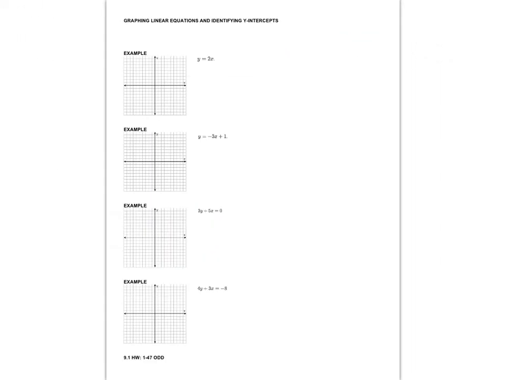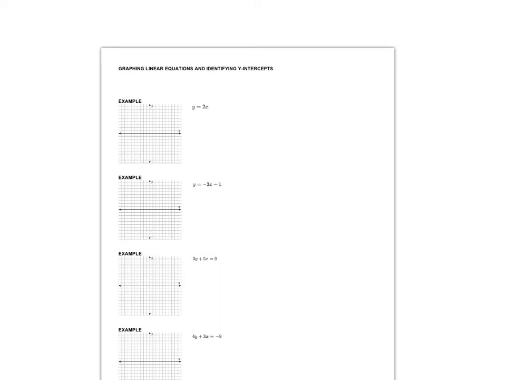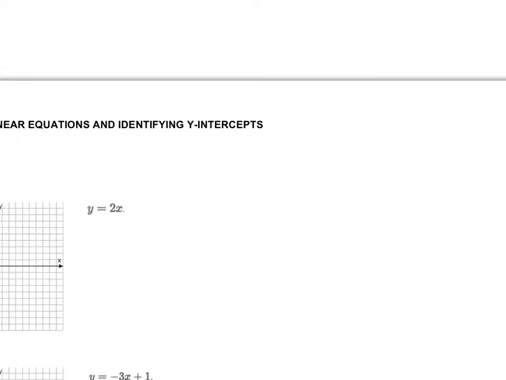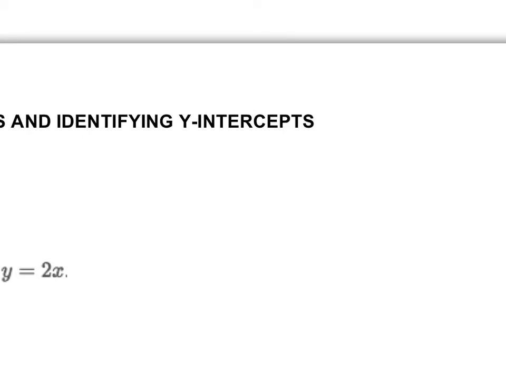On this page, what I want to do is graph some of these linear equations. I'm going to show you how to get some points in order to do that, and we're also going to identify the y-intercept. Now, we're going to talk a lot about the intercepts.